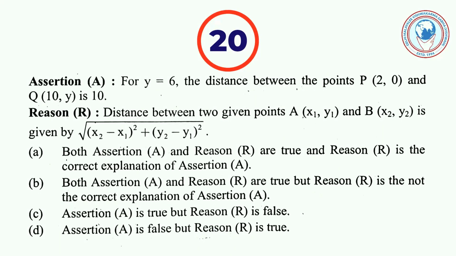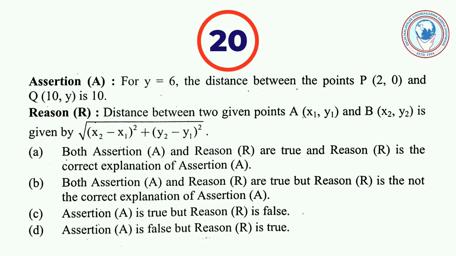Question number 20. Assertion A: for y is equal to 6, the distance between points P(2, 0) and Q(10, y) is 10.